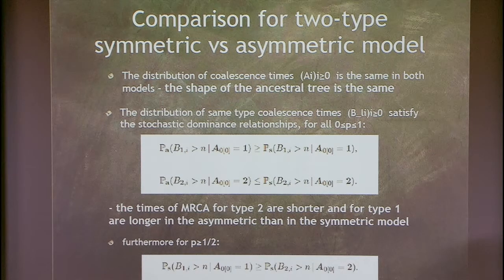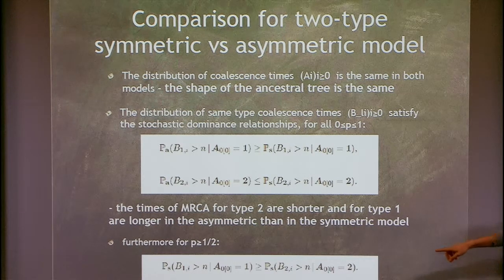Because the guys of type 2, which only gave their own type, are going to have shorter coalescence times for the same type than the guys in the symmetric case, because essentially they create only subtrees of their own type. Whereas it's the other way around for type 1. So you can show that you have asymmetry in the distributions of the coalescence times as well.